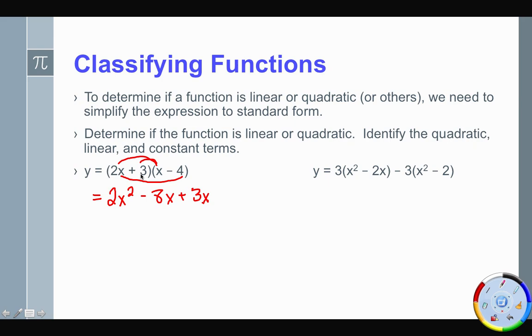And my last is 3 times a minus 4, which is minus 12. Simplified down to standard form, we get 2x squared minus 8 plus 3 is a minus 5x, minus the 12. So this is a quadratic, so it is quadratic.